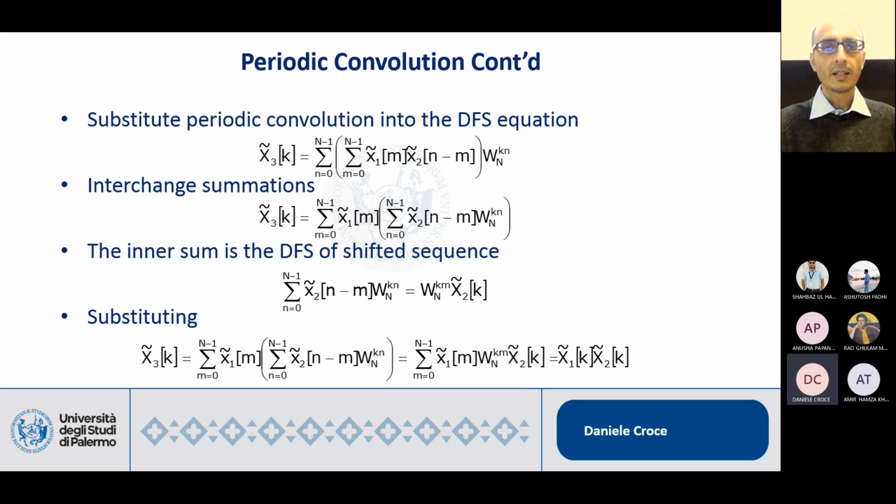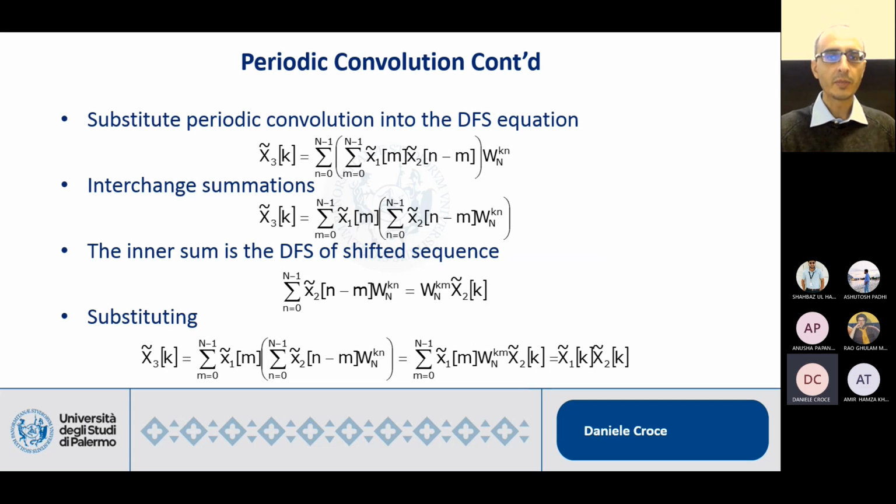Then the inner sum in the parentheses is the DFS, but of the shifted sequence. Okay? And you know from the properties of the DFS that the DFS of the shifted sequence is exactly the same DFS, but multiplied by a phase rotation of W_N to the km.